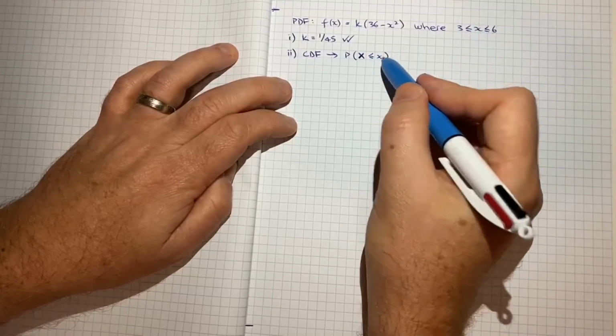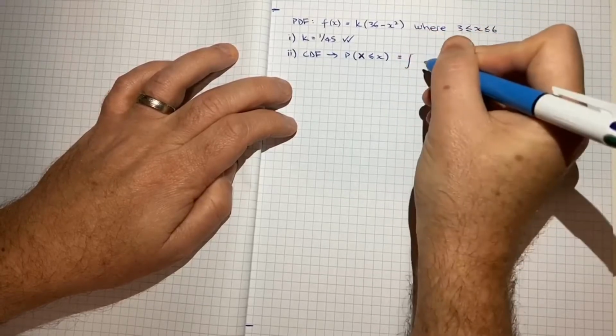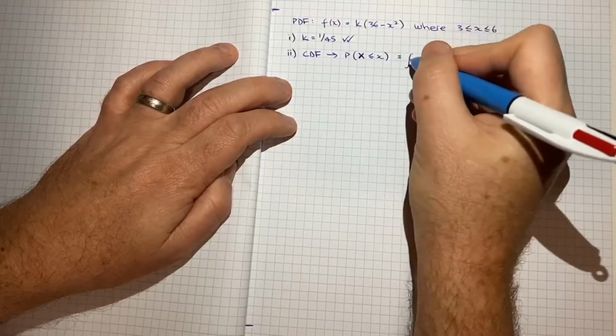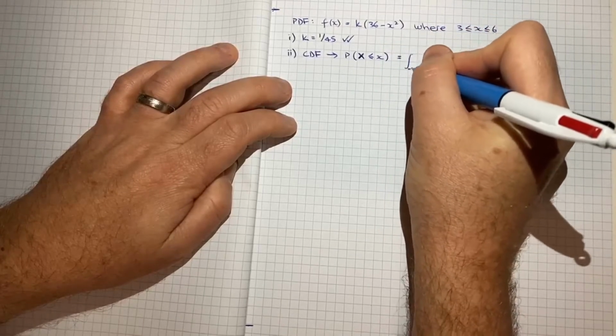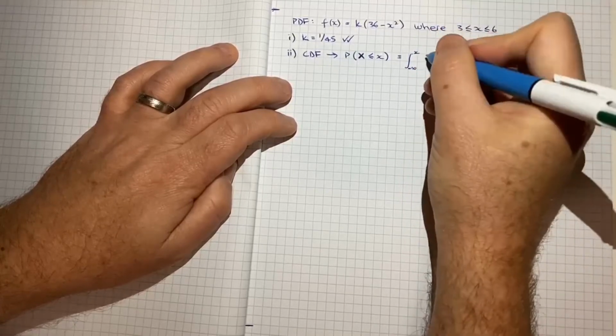That is worked out by finding the integral of our function, from negative infinity up to x.